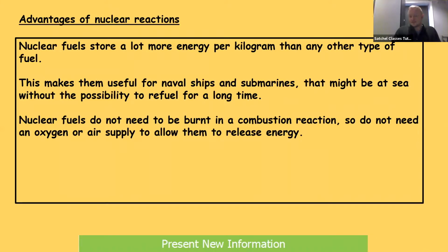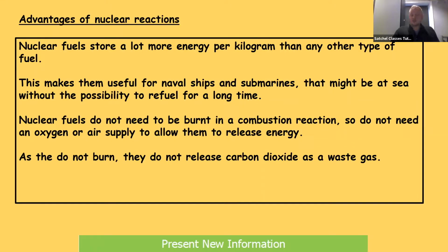Nuclear fuels do not need to be burned in a combustion reaction, so they don't need an oxygen or air supply to allow them to release energy, which is again a really useful thing on something like a submarine because it doesn't have to keep coming up to replace the oxygen to allow the engine to produce energy. As they do not burn, they do not release carbon dioxide as a waste gas, which is one of the benefits of using nuclear fuels for the generation of electricity for, say, supplying it to the national grid in the UK.